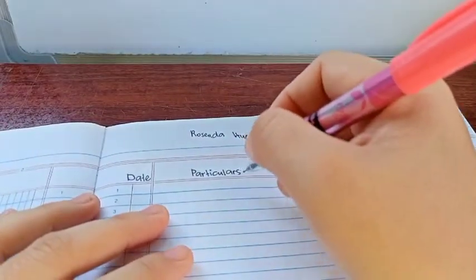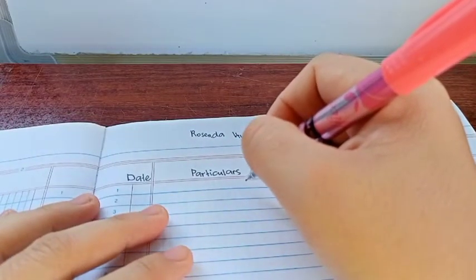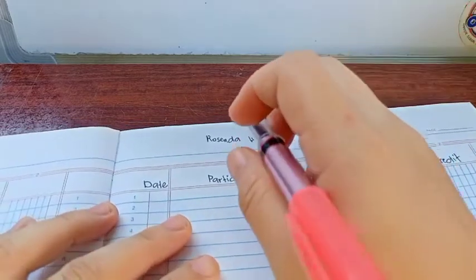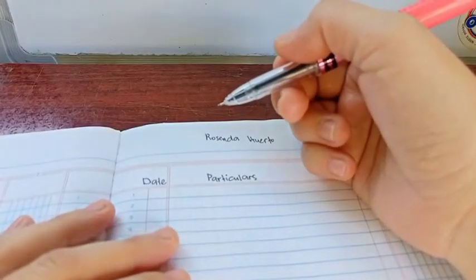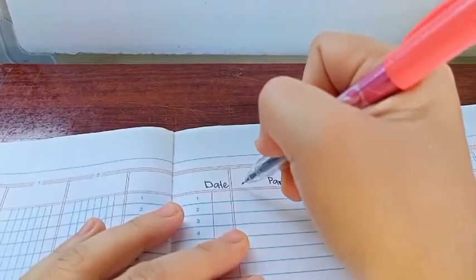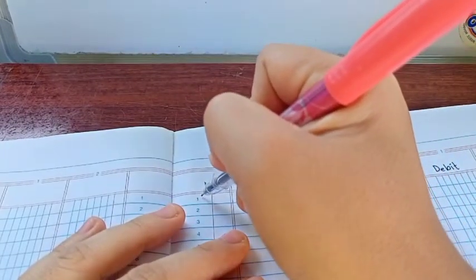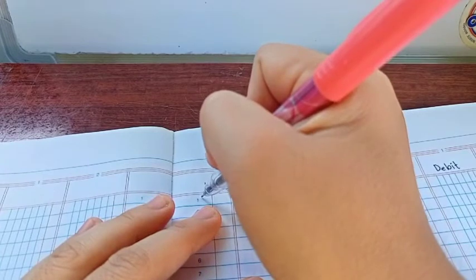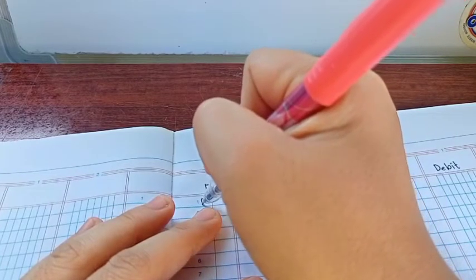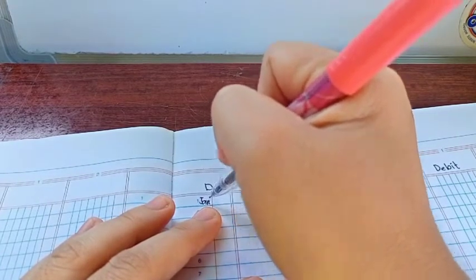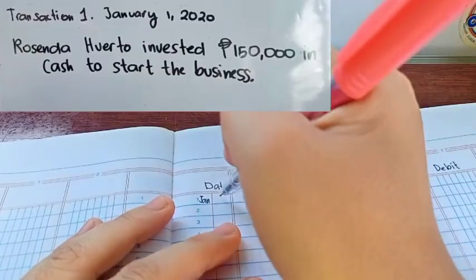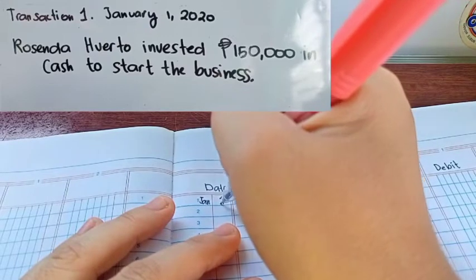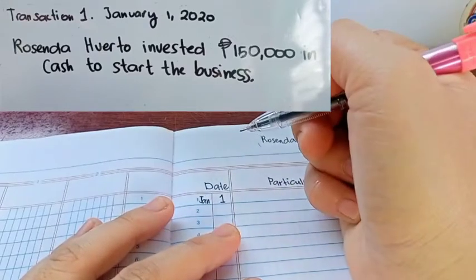Now, back to the problem for Rosenda Huerto. The date is January 1. In the part of column number 1, you put the month, January, and then here you put 1.